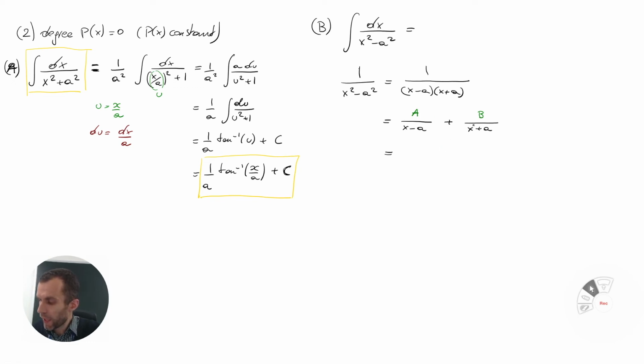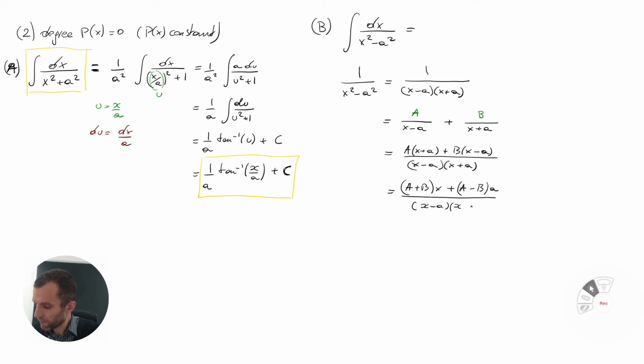And now if I add these two fractions together again, I get (a(x plus a) plus b(x minus a)) over (x minus a)(x plus a), and I can collect everything in x: (a plus b)x, and then plus the rest, (a minus b) times a, still over (x minus a)(x plus a).